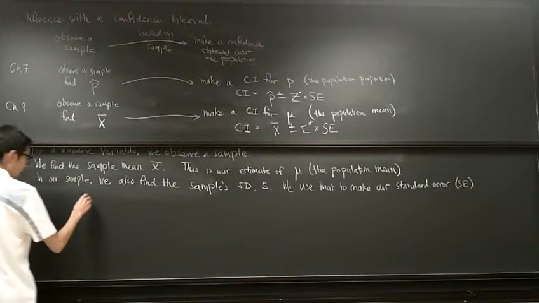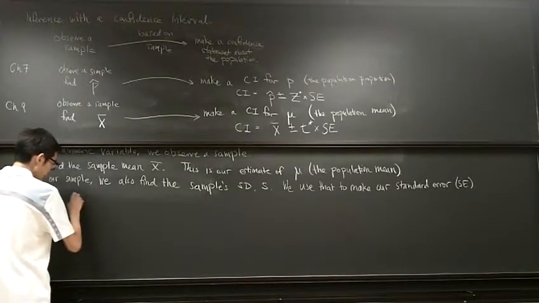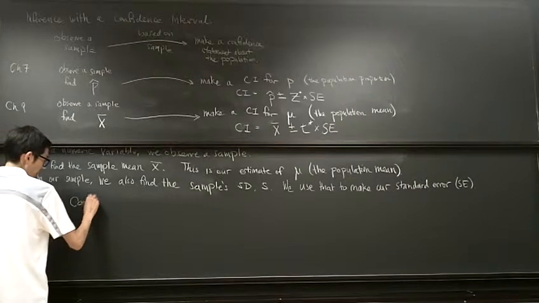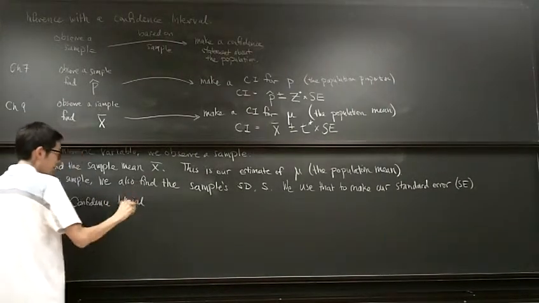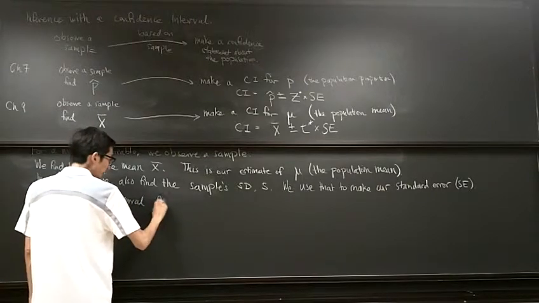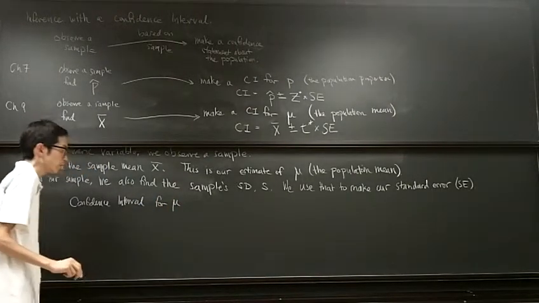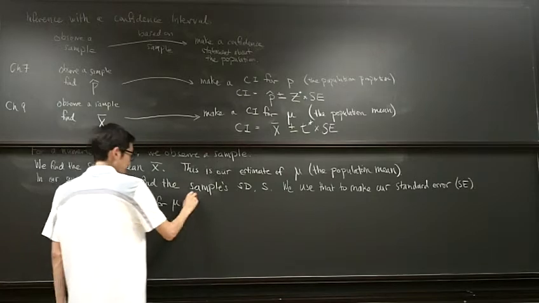Okay. So again, in the confidence interval, this is a confidence interval for mu, which means it's based on one sample.